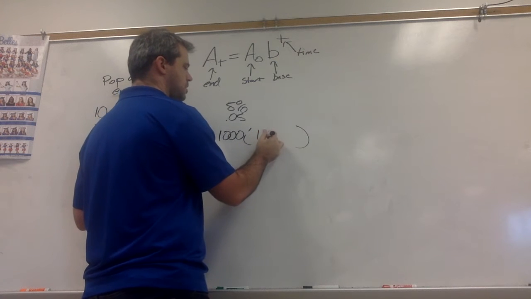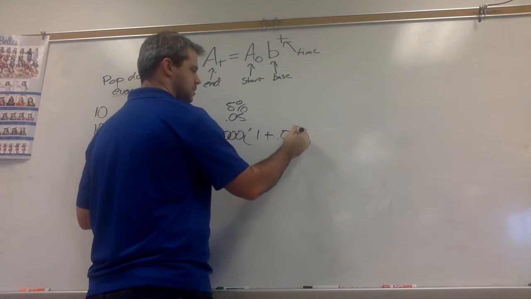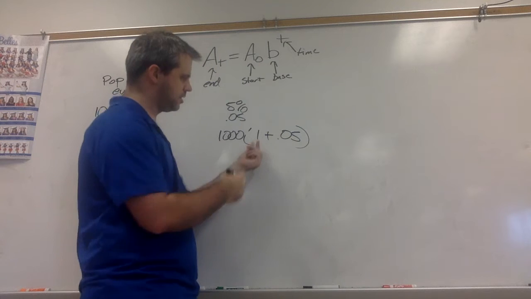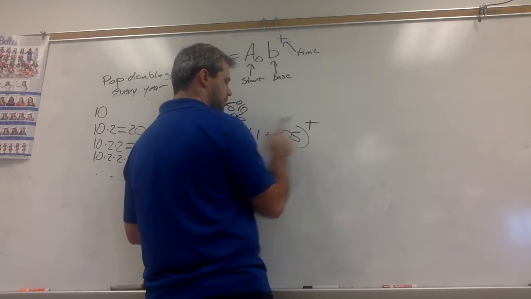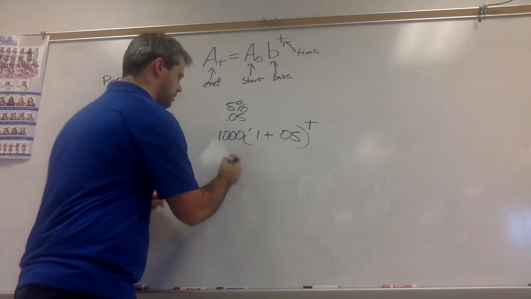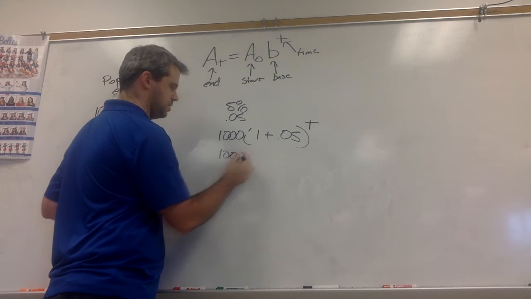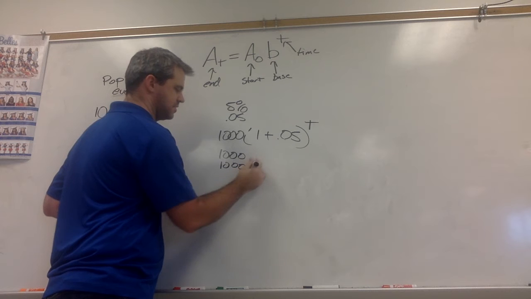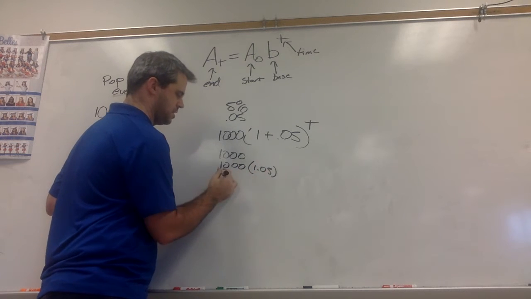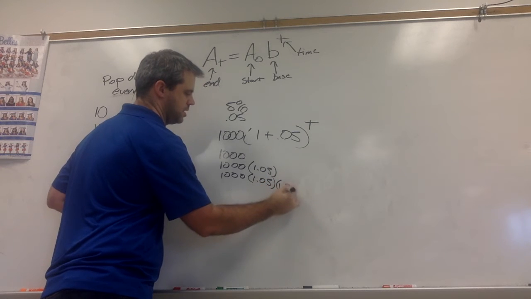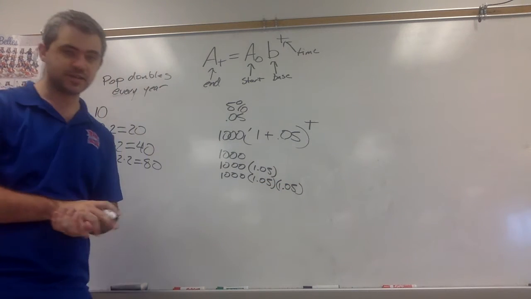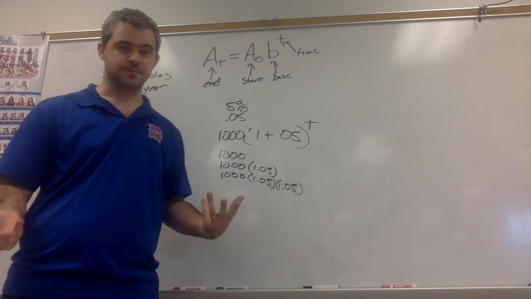And then we do 1 plus whatever percent we're increasing by, and then we're going to multiply by this every year. So 1,000, and then 1,000 times 1.05, and then 1,000 times 1.05 multiplied twice, and then we would keep going like this.